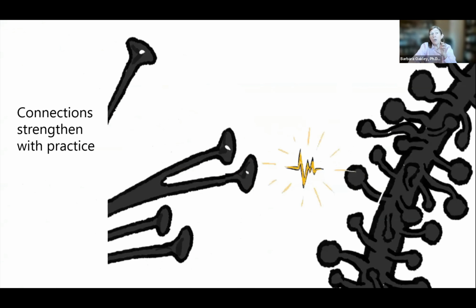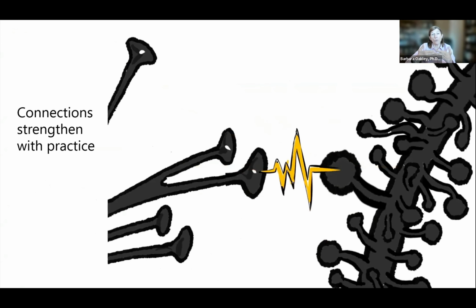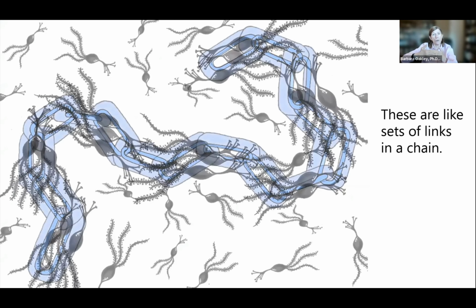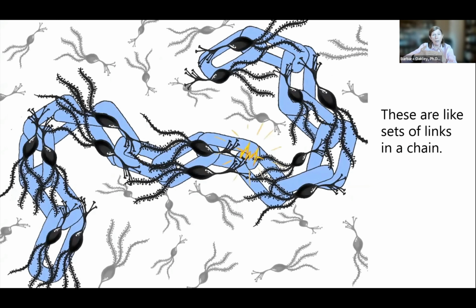What is happening when you learn something is those connections are strengthening as you practice. So ultimately, you have these nice strands of connected neurons as you are learning, and as you practice, they become stronger. Those connections become much easier to draw to mind.